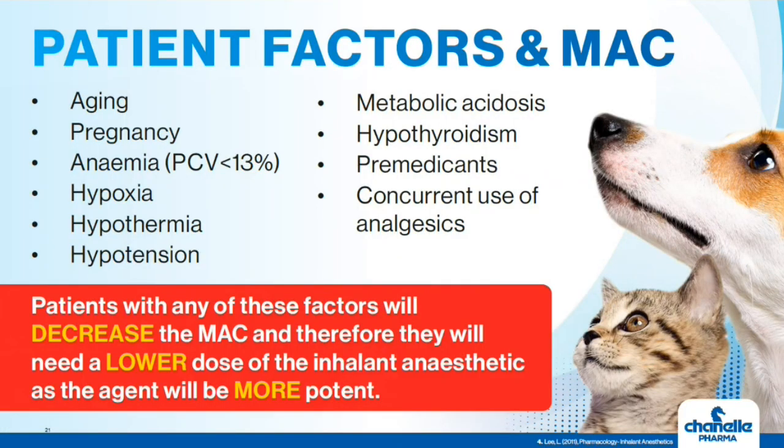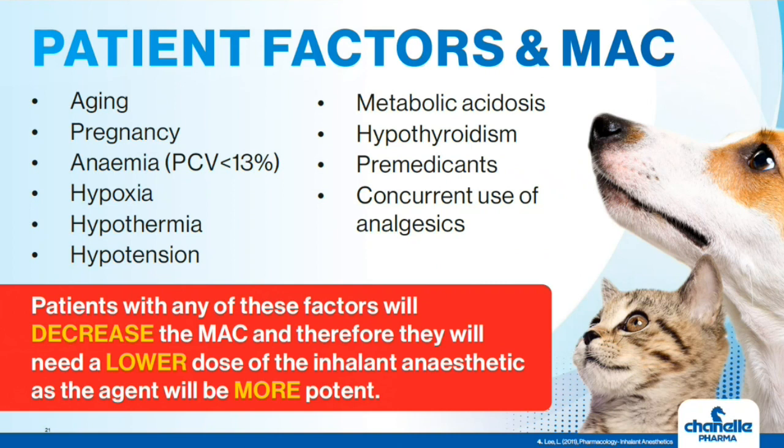So as we mentioned earlier in the presentation, the correct vaporizer setting for a specific patient is not, unfortunately, going to be as simple as 1.5 times the MAC value for the anaesthetic gas you're using. Patient factors are going to come into play. Some of these patient factors will cause the MAC to increase, and some of them will cause the MAC to be decreased.